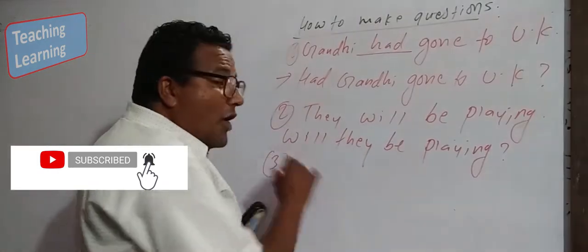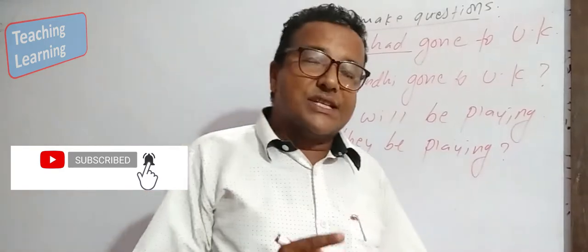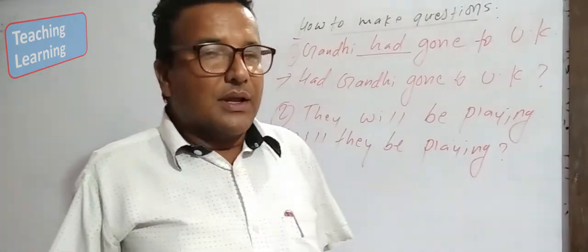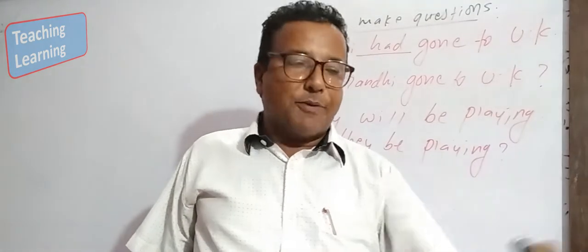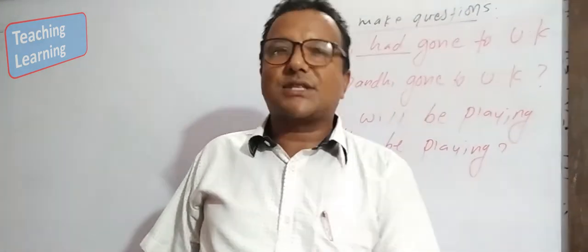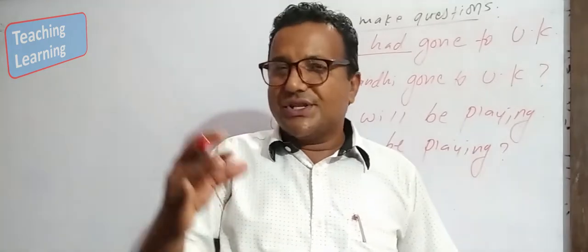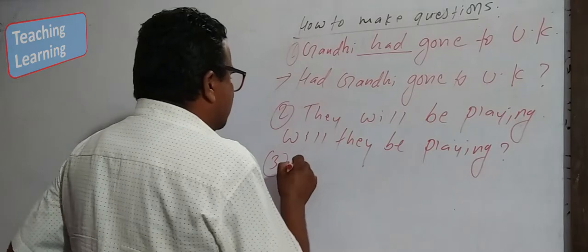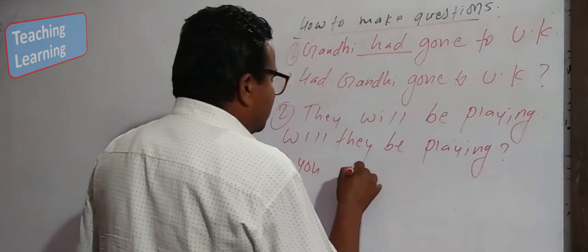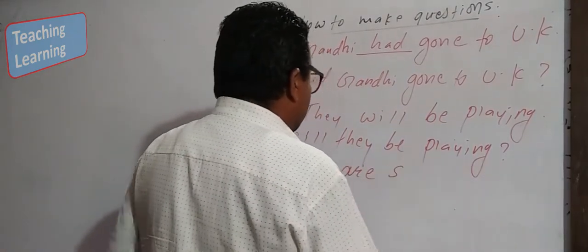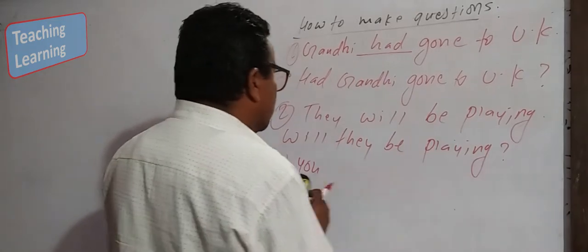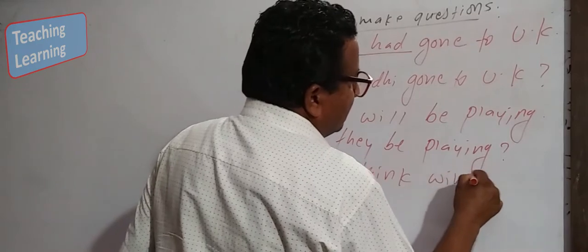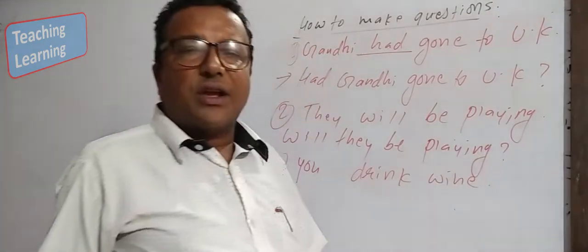And the third rule: if there is V1 and there is no auxiliary verb, then we have to use do at first of the sentence to make the yes question. Do is used before the subject. Look at here. You drink wine.